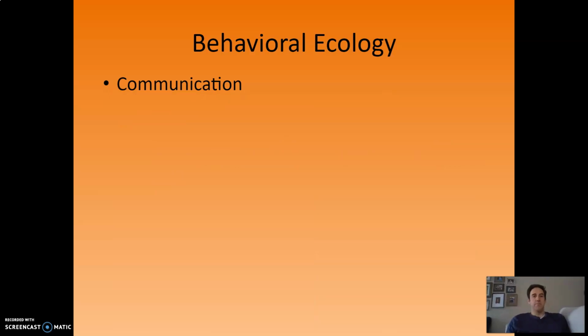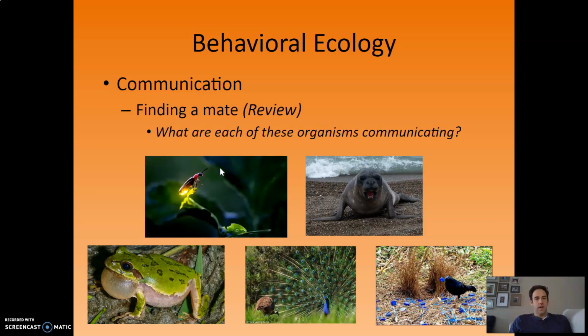Another type of behavior, so we've done innate behaviors, we've done circadian rhythms. Another type is communication. We've already talked about communication a little bit in the context of finding a mate. So I think we've watched a little video here and there about fireflies sort of flashing their light to attract females.